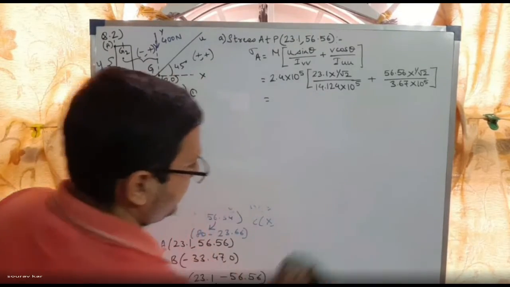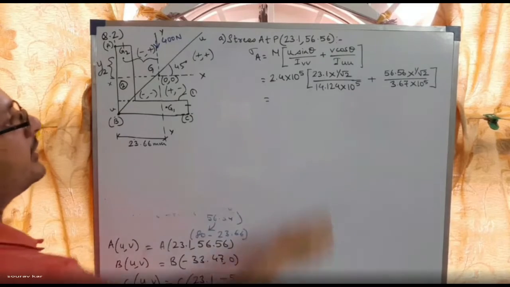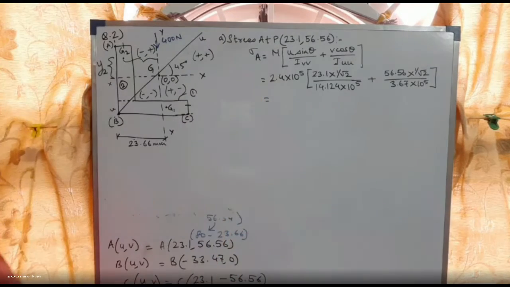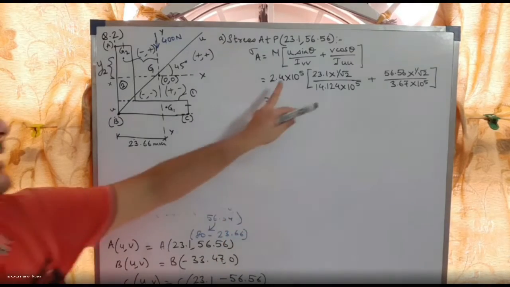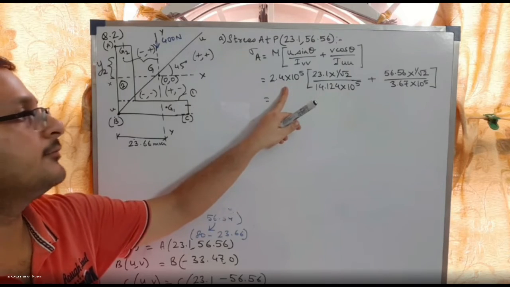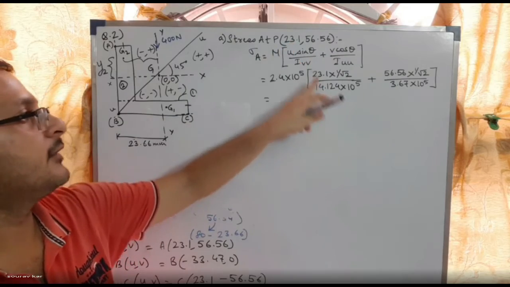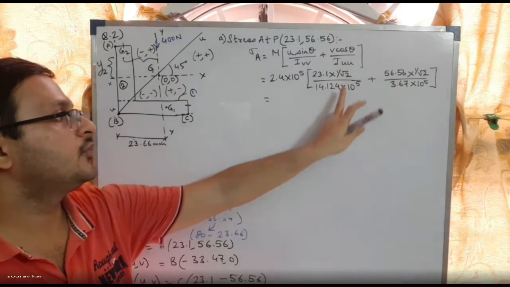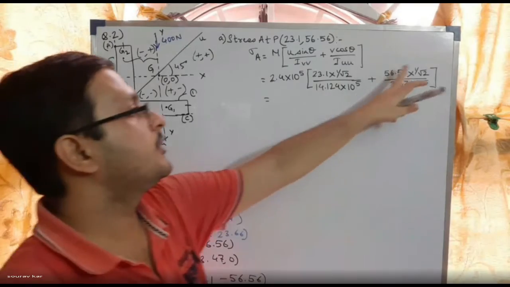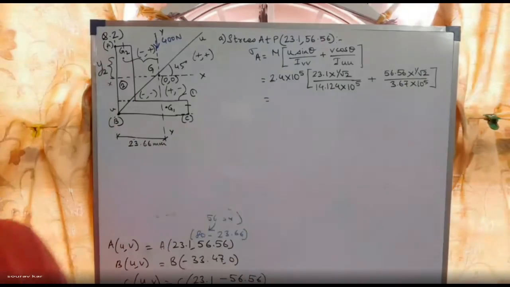So, by finding out the coordinates of U and V, we will find out the stress at A. M, we have already calculated the maximum bending moment. M into U sin theta, U is 23.1, sin theta 1 by root 2, divided by IVV, plus V cos theta by IUU.